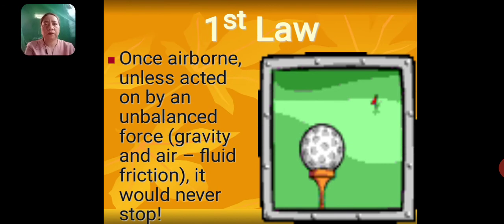Next, look at the picture. What did you see? That is a picture of a golf ball standing on a tee. Once airborne, unless acted on by an unbalanced force, such as gravity, air, fluid, or friction, it would never stop.